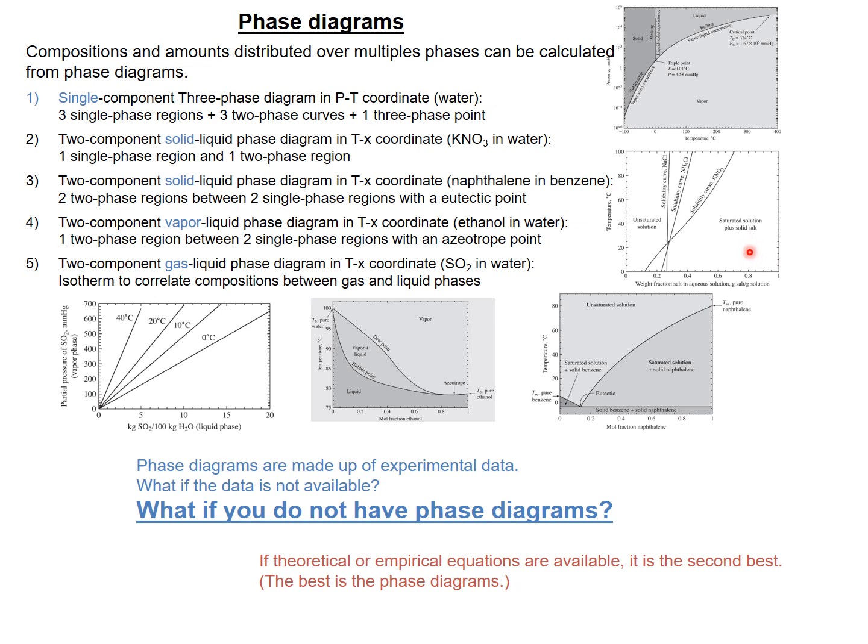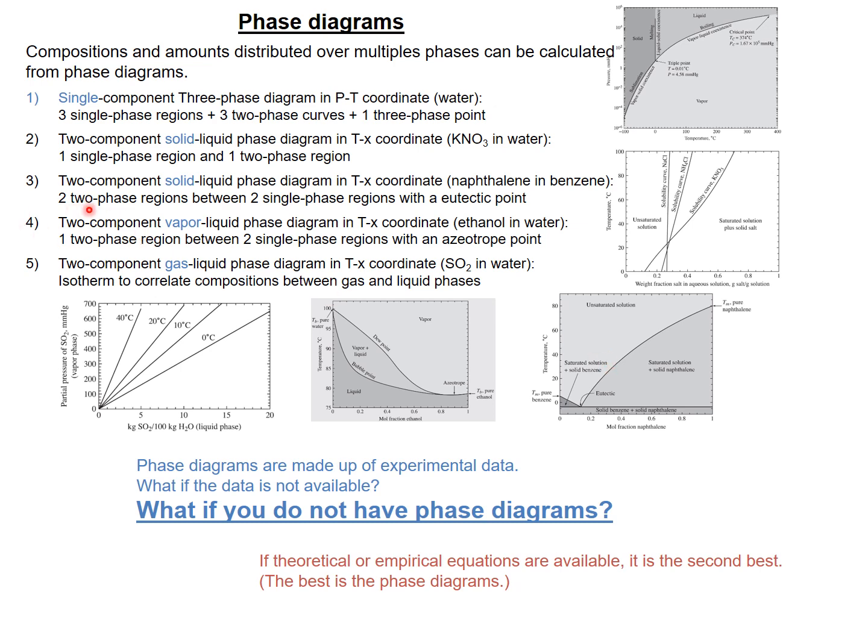And let's go to the third one, the 2-component solid-liquid phase diagram in temperature-composition coordinates. The same as the second one. However, we have used naphthalene in benzene for this one, and in this case we have a more complicated temperature-composition diagram.